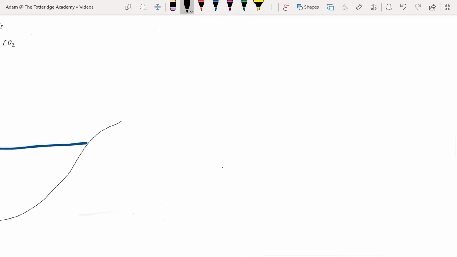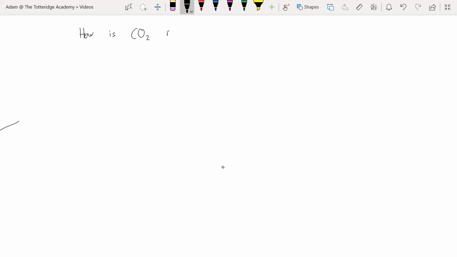So we've got, let's do it as a question. So don't write this down yet. How was CO2 removed from the atmosphere?